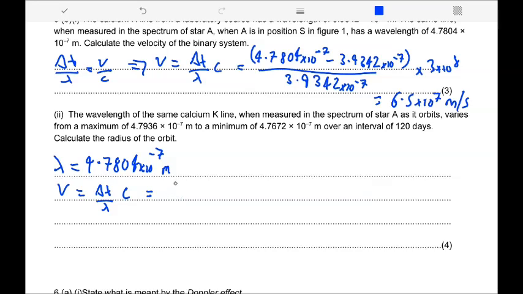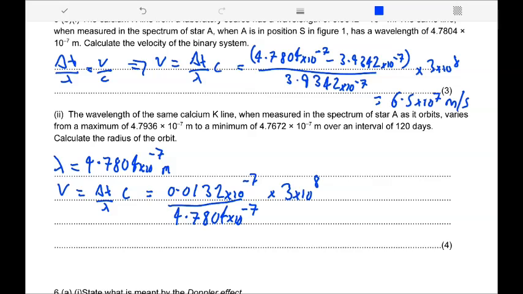So in our change of wavelength, we've got 0.0132 times 10 to the minus 7 divided by the wavelength, which is 4.7804 times 10 to the minus 7, and then multiplied by the speed of light. But where does this top value come from?